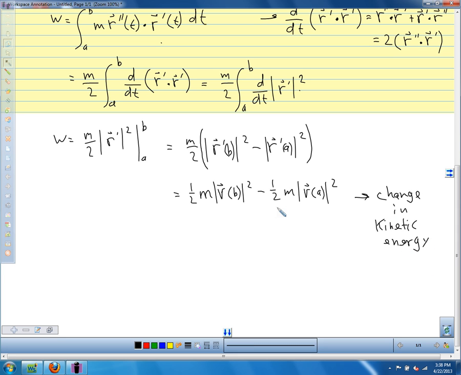So the work done, moving our particle along that path from t equals a to t equals b, equals a change in the kinetic energy along that path. And I'm going to write that as the work equals K of b minus K of a.